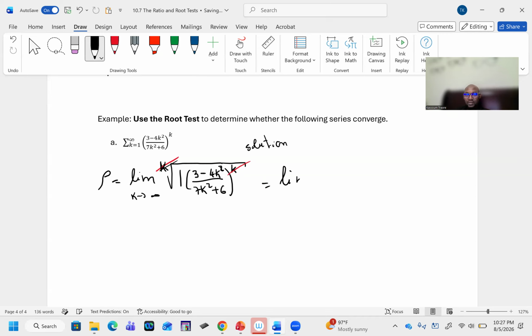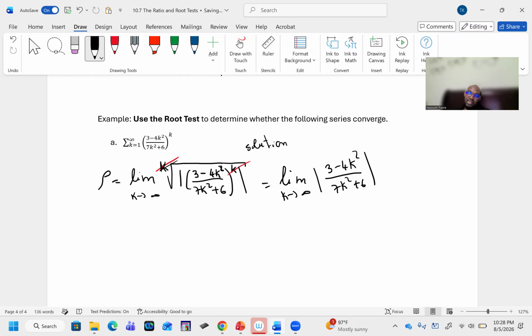The limit of the absolute value of 3 minus 4k squared divided by 7k squared plus 6 as k approaches infinity.